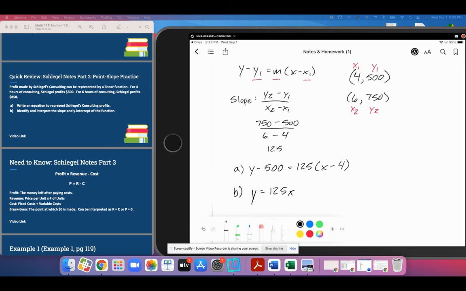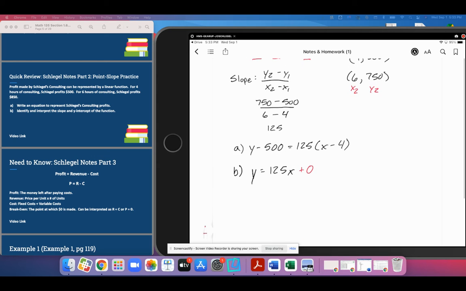I am personally going to add a plus 0 to the end of this because in this case the y-intercept is 0. And what this is telling us is that the slope is 125, meaning that Schlegel, that's me, charges $125 per hour for consulting.